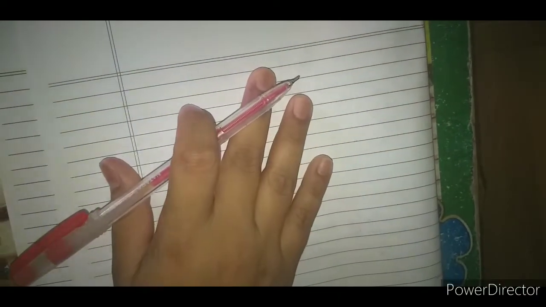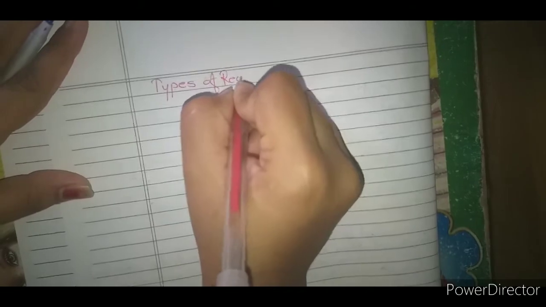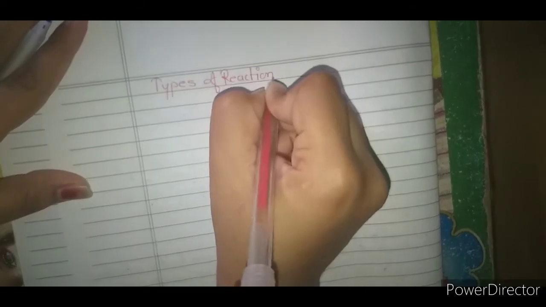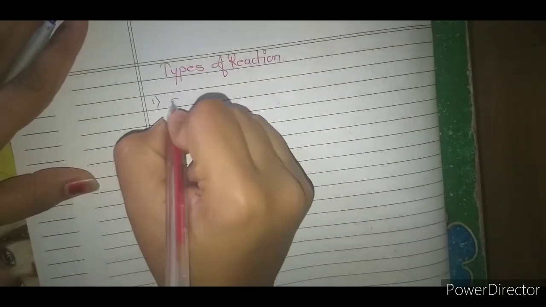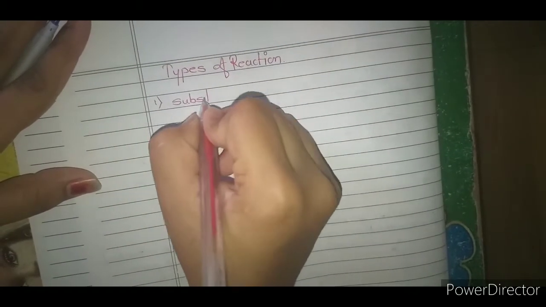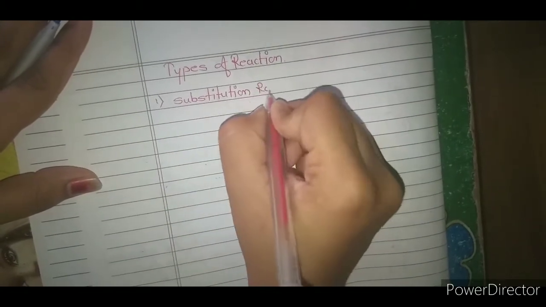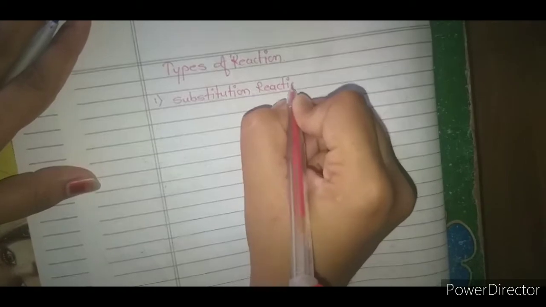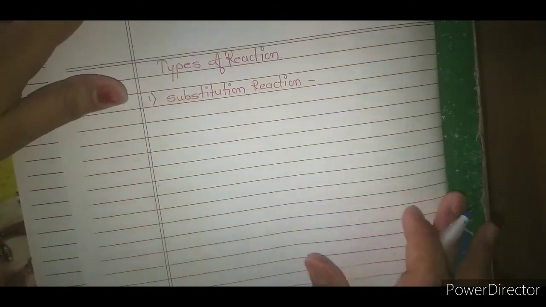Okay, next part of fundamental concepts in organic reactions is types of reaction. So the first type of reaction is substitution reaction. In substitution reaction, what happens?